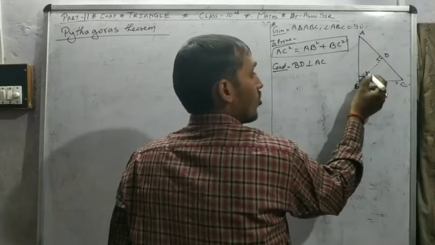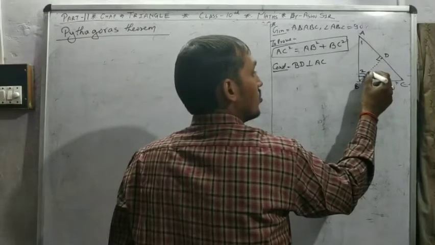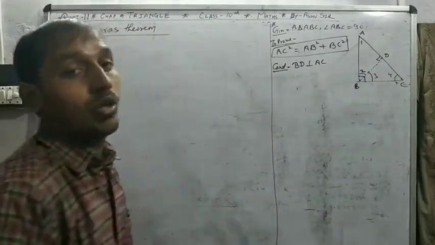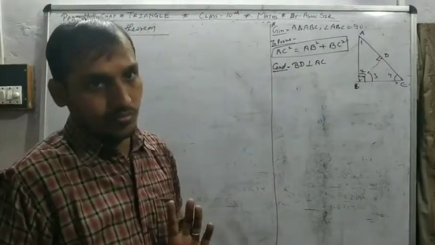I am not saying they are equal parts. 1, 2, 3 and 4. I am not saying 2 and 3 are equal. But here these are 90 by construction.